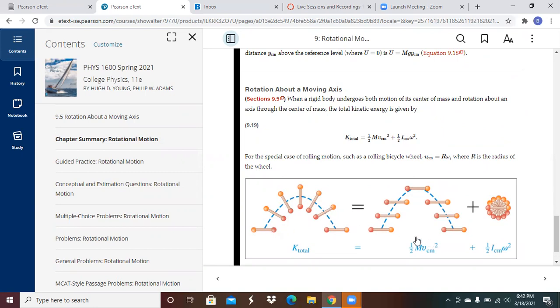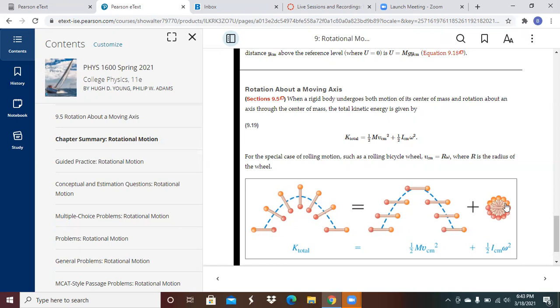So you can see here, you've got an object, say a baton, that's being thrown through the air and ends up turning itself over. How do we describe it? Well, we can describe that by taking the object and modeling it as though it were not rotating and just being thrown linearly.